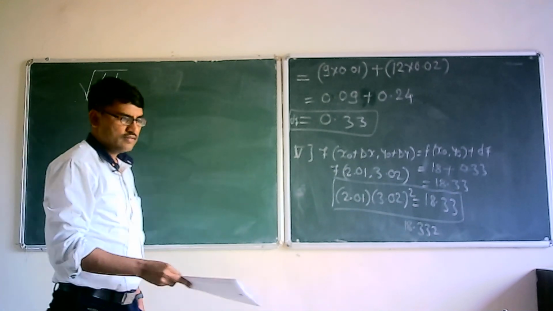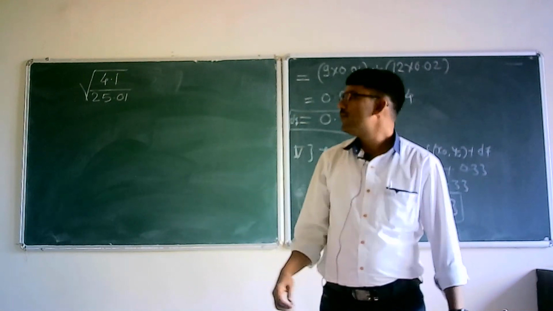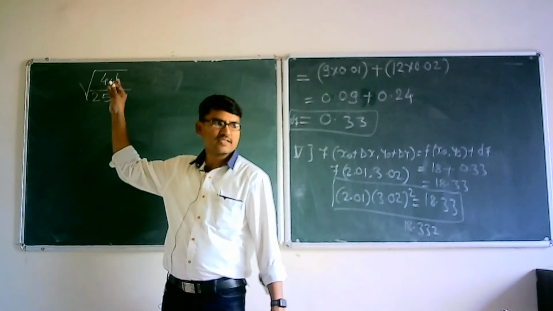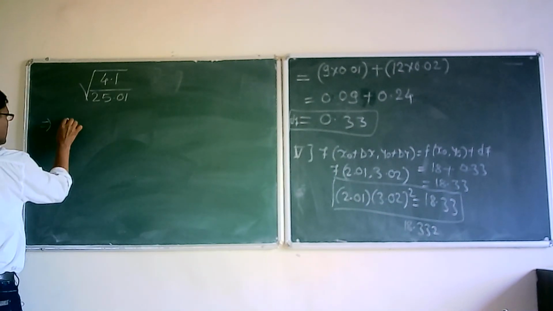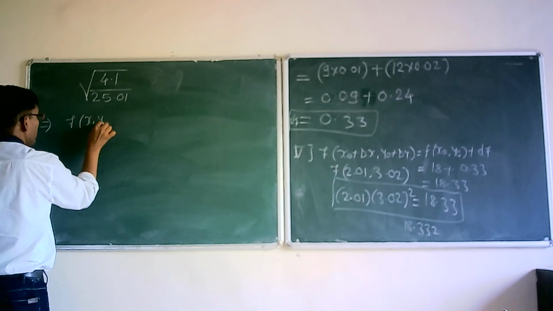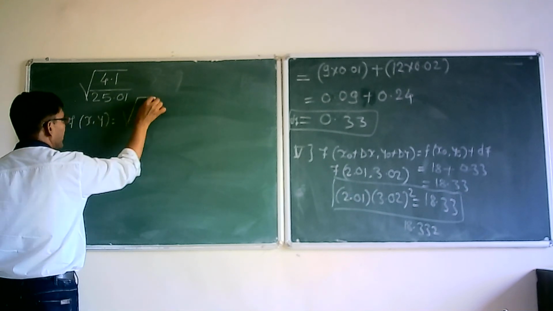Again, what is the first step? For the first number, say it is x, and for the second number, say it is y. So you can easily identify your function f of xy is equal to square root of x and y.